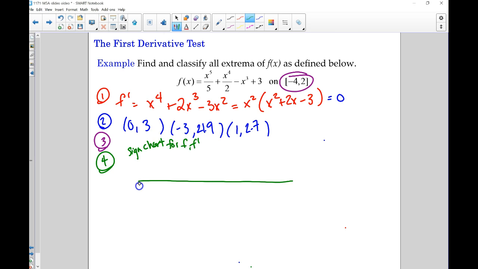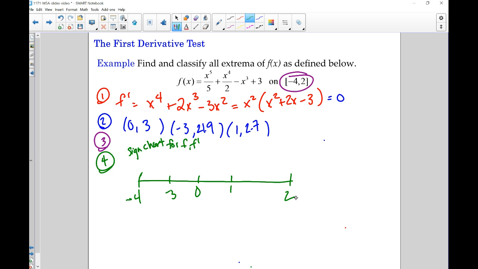I'm going to list my domain, so -4, and then my critical points are -3, 0, 1, and then the end here is 2. I can't go past those because my domain's restricted.